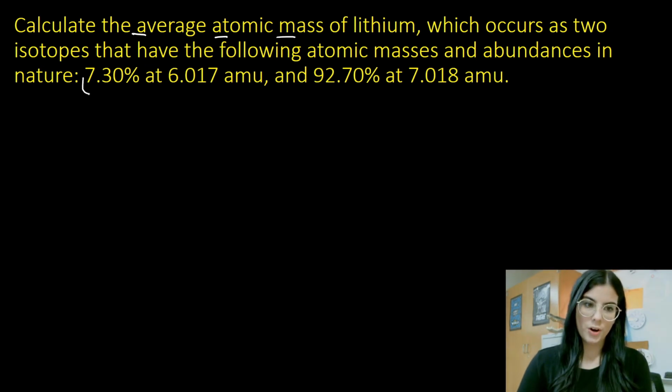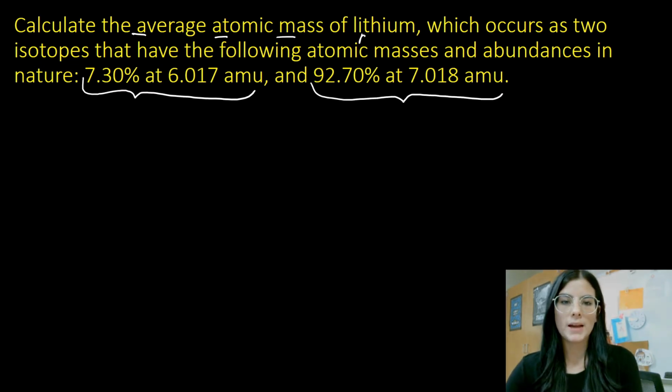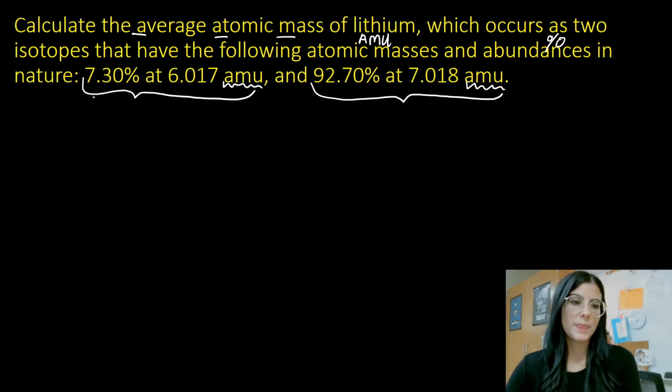Now, we know there are two isotopes because that's what it told us. There's the first one. Here is the second one. Remember, atomic mass is AMU. So whenever you see AMU, we're talking about mass. And then abundances is percent. What percentage does it occur? Okay, so when you see a percent sign, that means abundance.